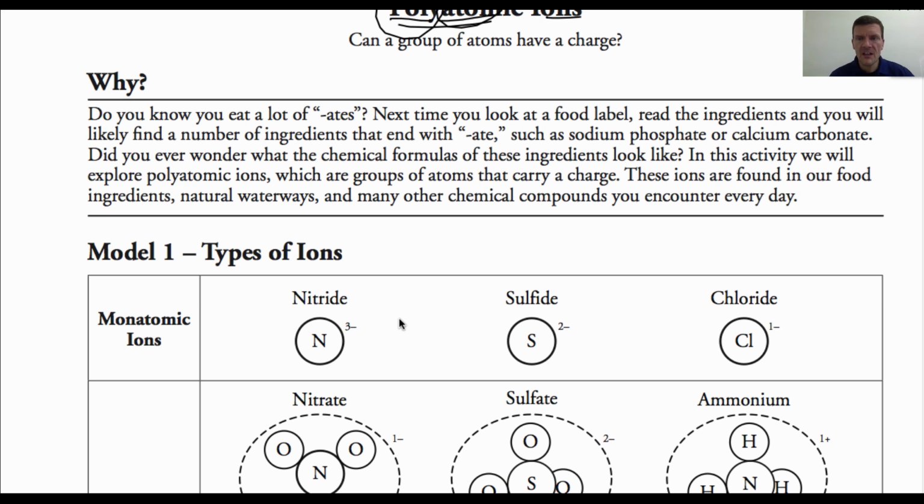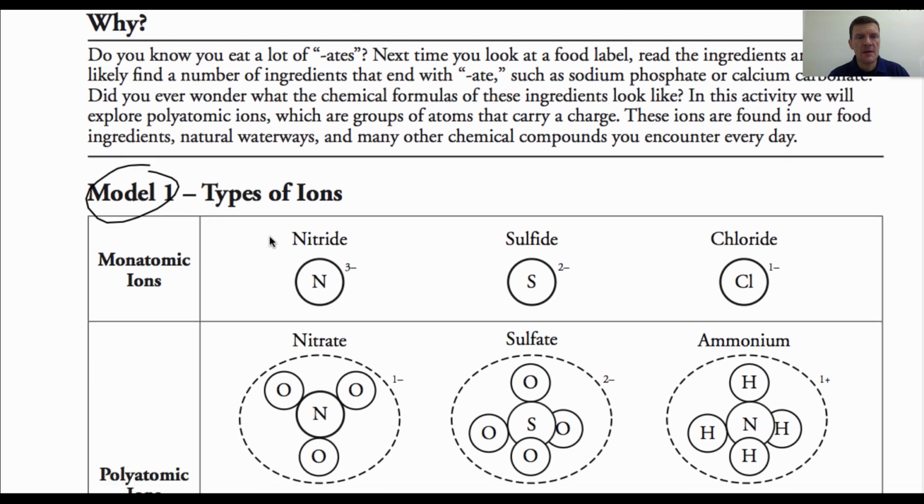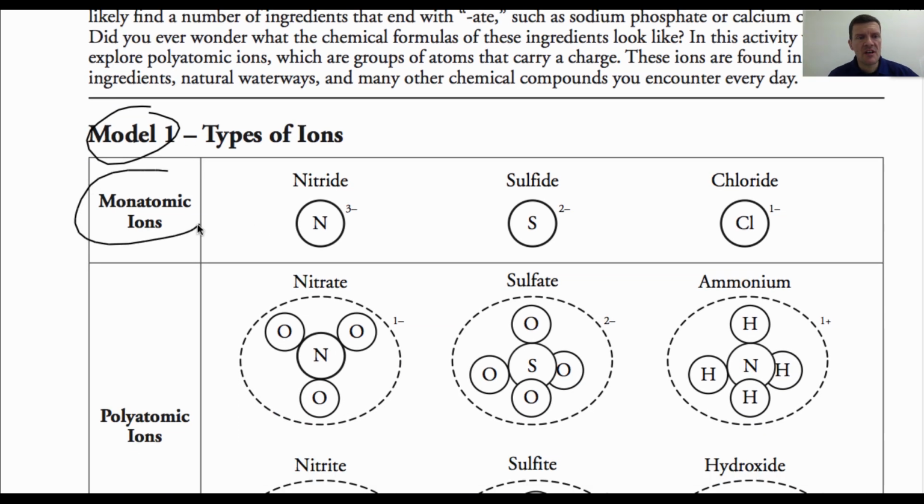All right. In Model 1, we have types of ions, and this is the type that we talked about previously. Monatomic, one atom. So like nitride, remember the IDE ending with a monatomic ion.